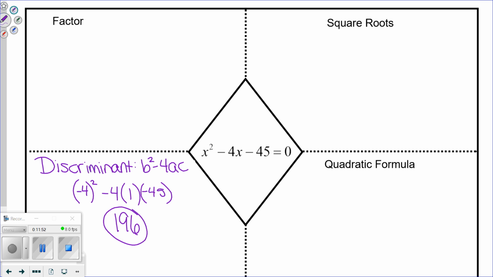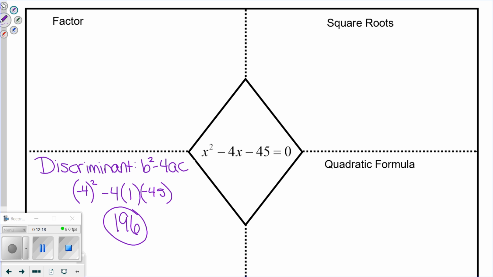Double check. Did you put parentheses around negative 4? Did you make sure your 45 was negative? You should get 196. If you didn't, please type it in again so we can figure out what happened. Which again, guys, that's why you practice this. Because if you don't, you may forget things like that. But if we practice, we can catch those errors early.